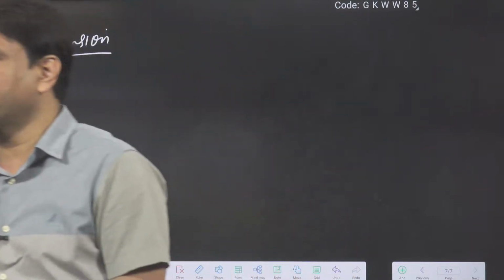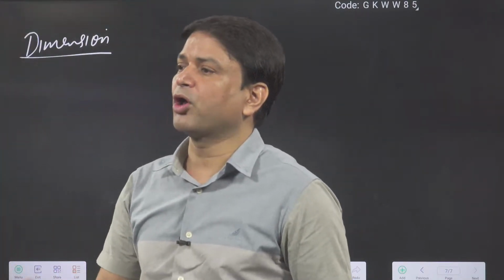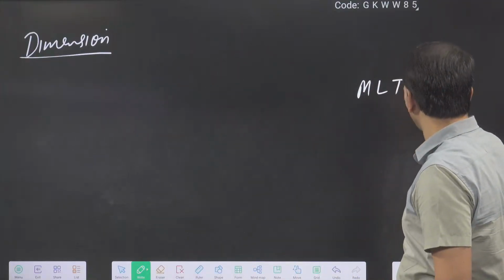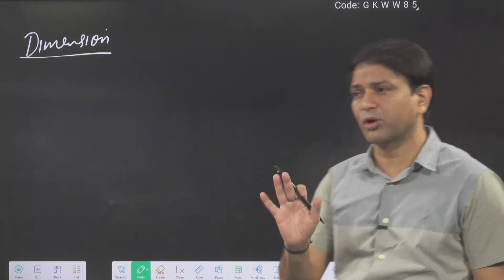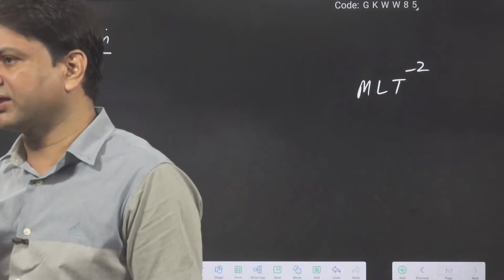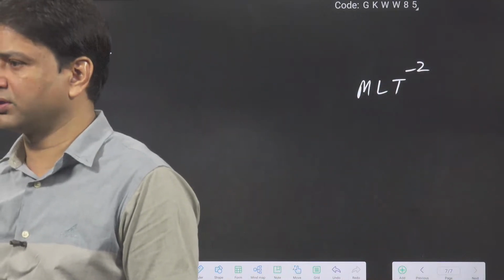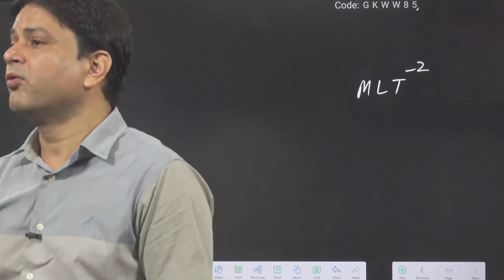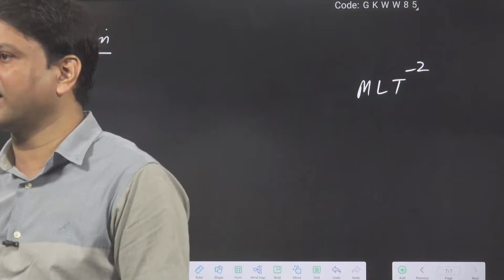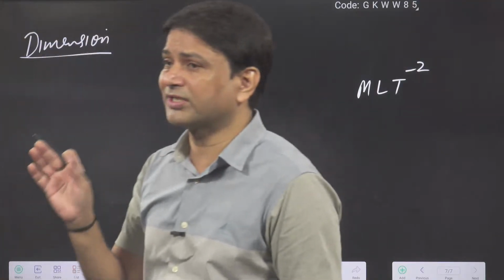Suppose I am saying the dimensional formula of the force is M L T minus 2. What is the dimension of mass in the dimensional formula of the force? The dimension of mass is 1. What is the dimension of length in the force? 1. What is the dimension of time in the force? Minus 2. So what is the meaning of dimension?